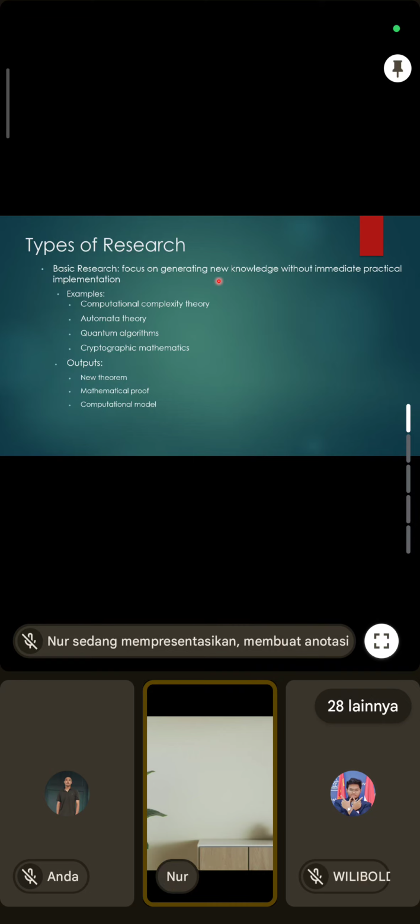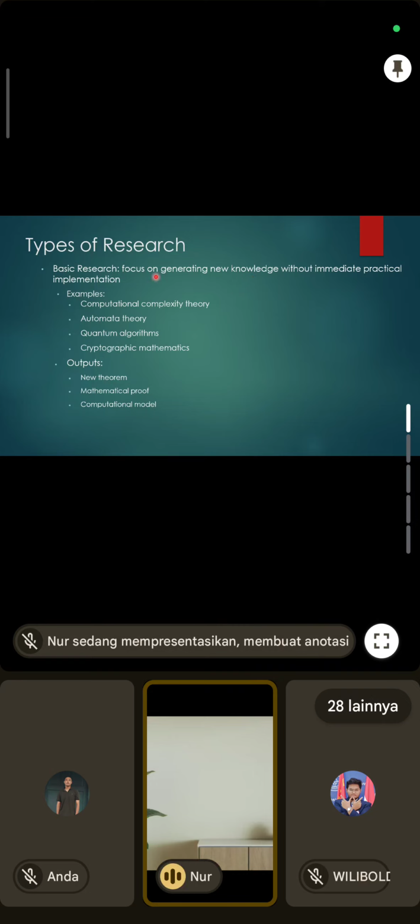Of course, our intention is that perhaps this new knowledge will improve several implementations, which give benefits to us, to the human race. But since it is basic research, we don't even look at the impacts of generating this new knowledge on the practical side.